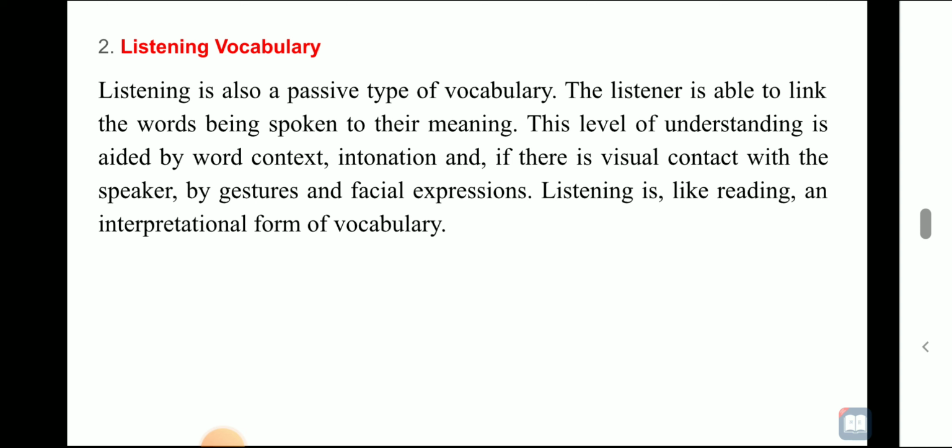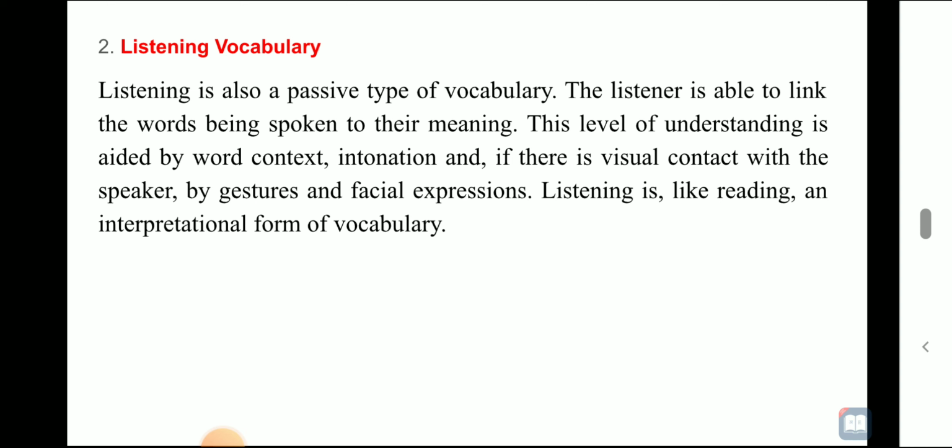It is again called poor vocabulary when it comes to the listening vocabulary context, which means you are not able to recognize the meaning of that word at that specific time.